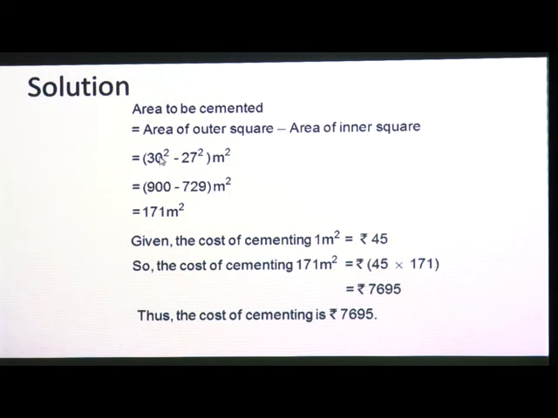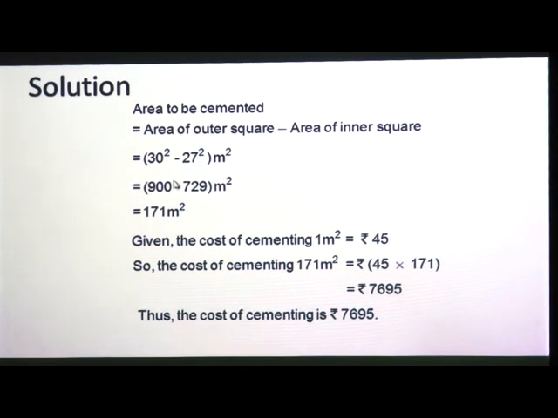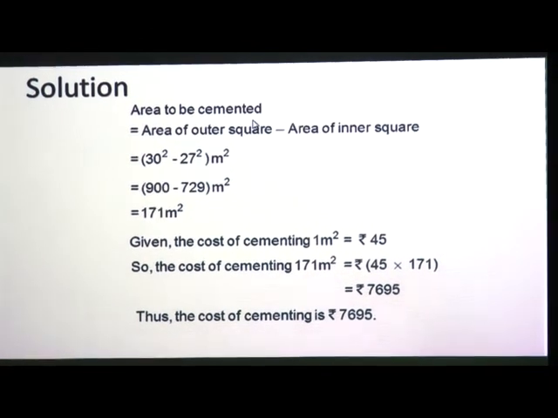So, what we had done? We had just found the square of 30 and the square of 27. Now, after subtraction, that is 900 minus 729, we get 171 meter square. What is it? It is the area to be cemented.